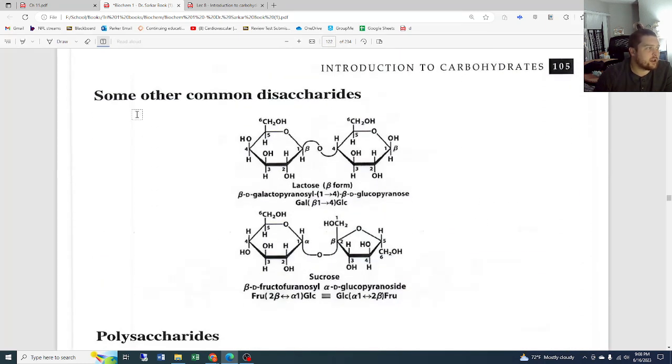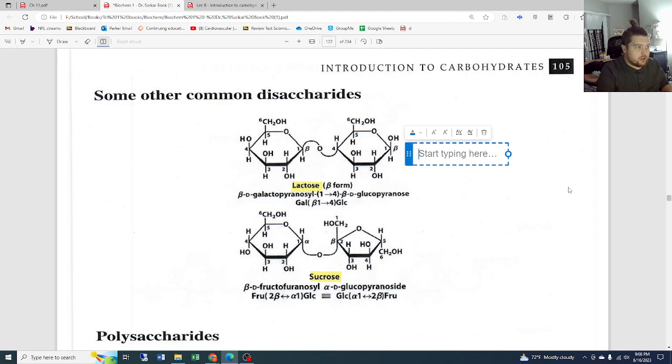Some other common disaccharides. These are the big ones you want to know. Lactose and sucrose. He will have questions, so for example, lactose, you want to know the monosaccharides that make it up. It's galactose plus glucose.